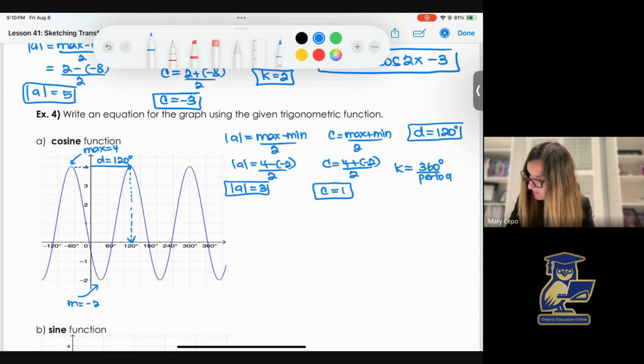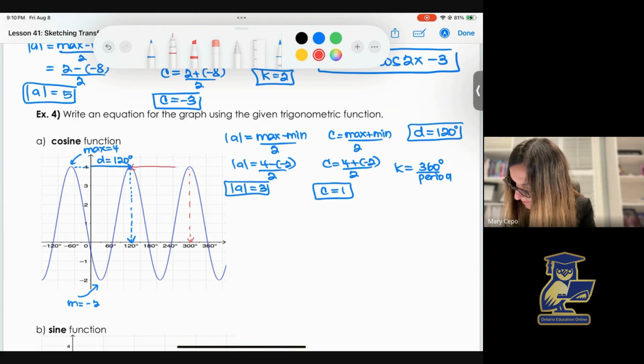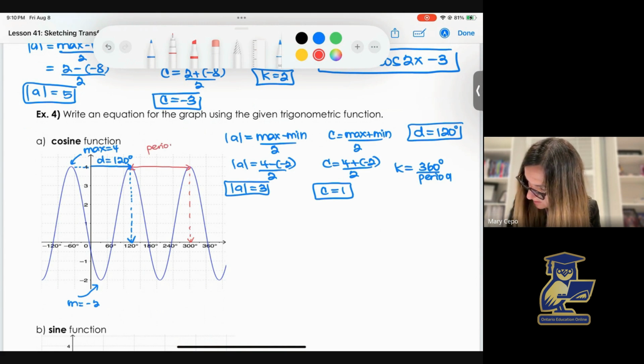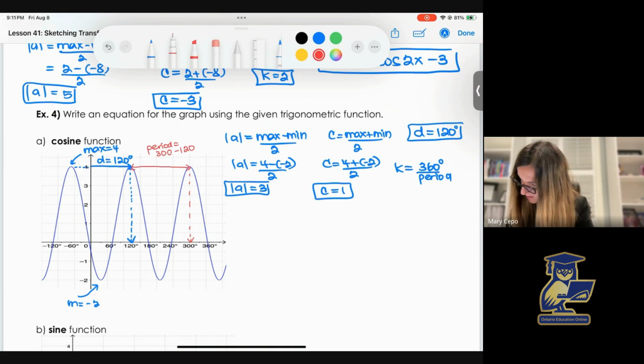Okay, so when does one full cycle occur? We can say from 120 to 300. So the period is going to equal 300 minus 120, which is 180.